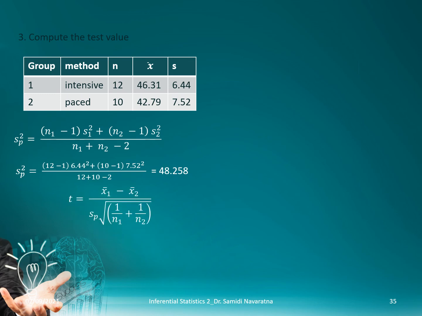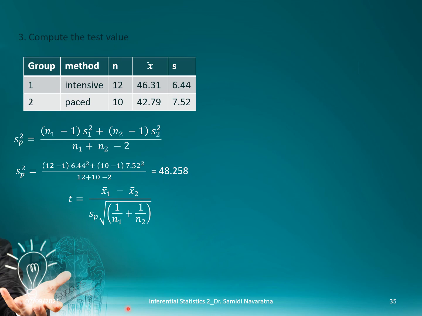When calculating the test statistic, you use the difference of sample means divided by the pooled standard deviation times the square root of 1 over n1 plus 1 over n2.